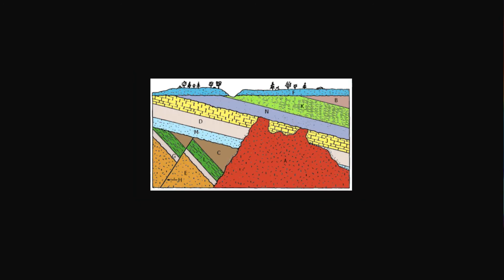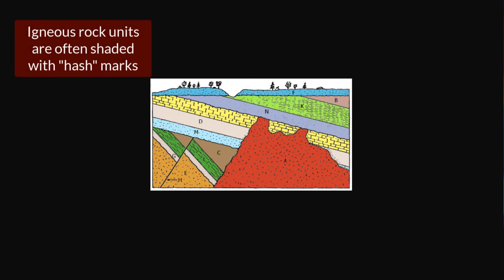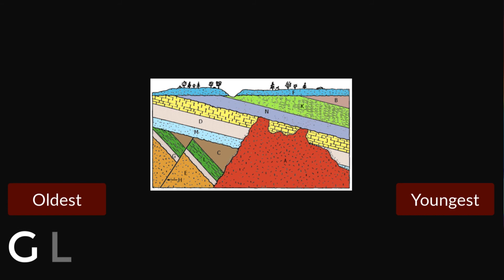In this final example, we see something that is more realistic, and that simply means that it's going to be a bit more complex. So looking at what's going on in the left-hand corner, we can safely assume this is the oldest area of the example. And rock unit E is an igneous rock body. So with it being an intrusive igneous rock body, this tells us that the sequence of G, L, and C were already in place.